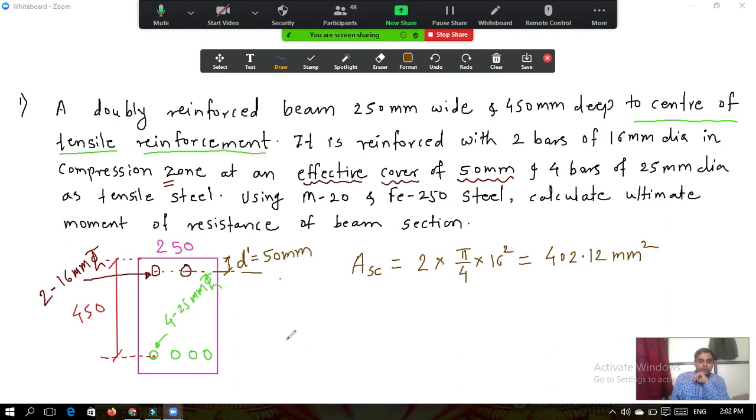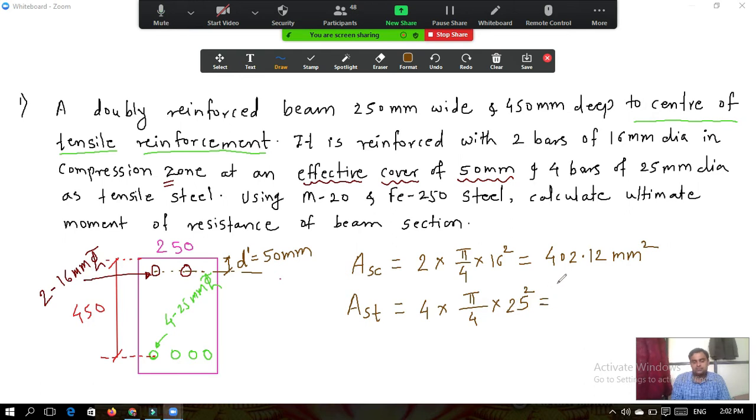Now calculate the area of steel in tension zone. So AST, this is total AST because this is a doubly reinforced section. These are 4 bars of 25 mm diameter. So 4 into pi by 4 into 25 square.